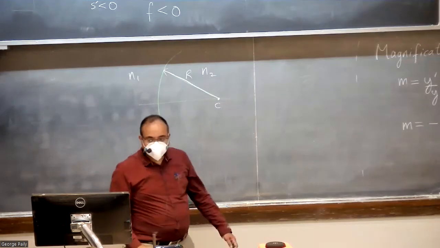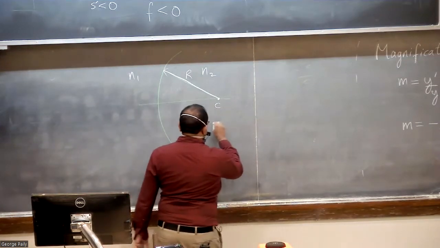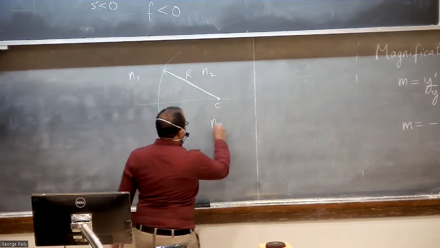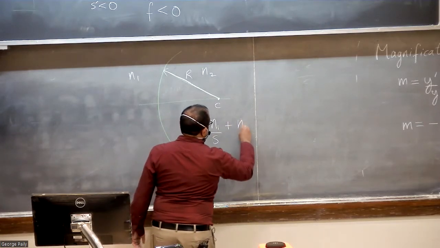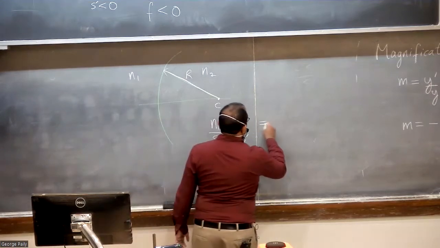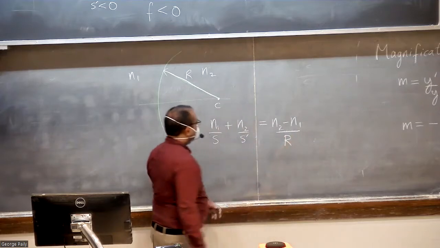How do the rays behave then? So the rule is given by this equation. We have n1 over s plus n2 over s prime equals n2 minus n1 over r.